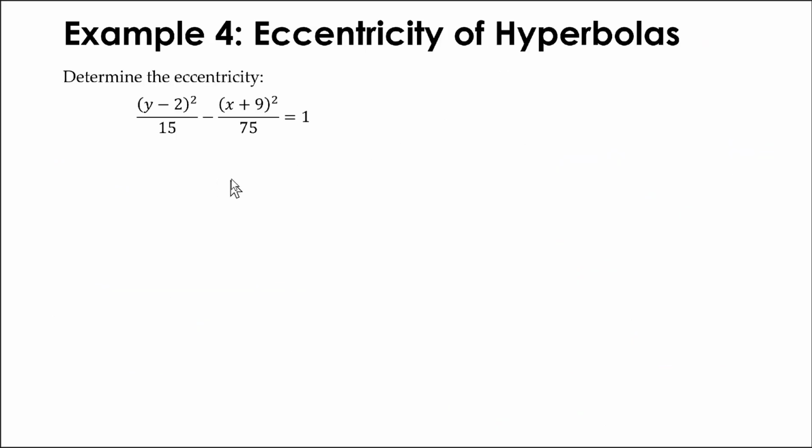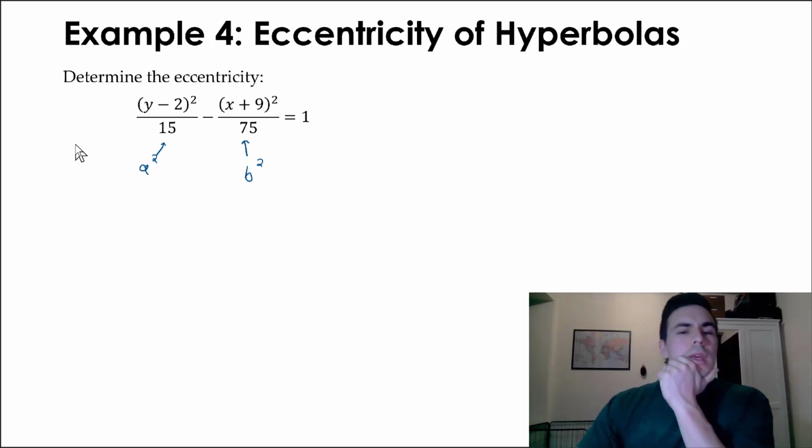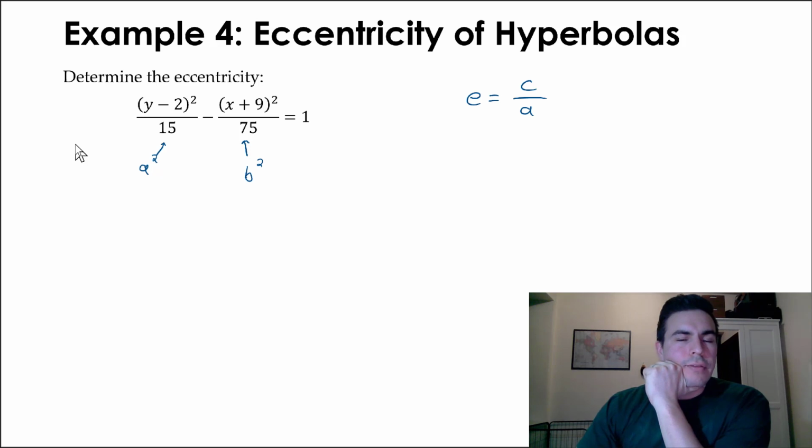Second to last example, we have eccentricity of our hyperbolas. We know that our first denominator is a squared, and our second is b squared. So our e does not change. This formula for eccentricity does not change.